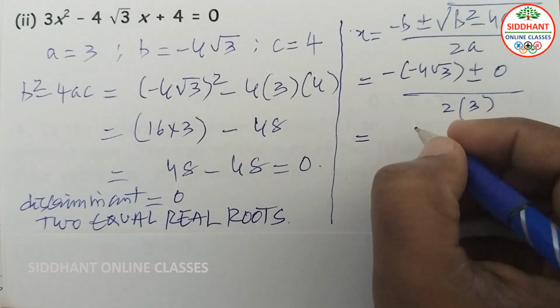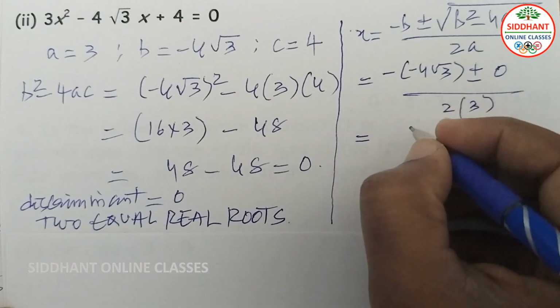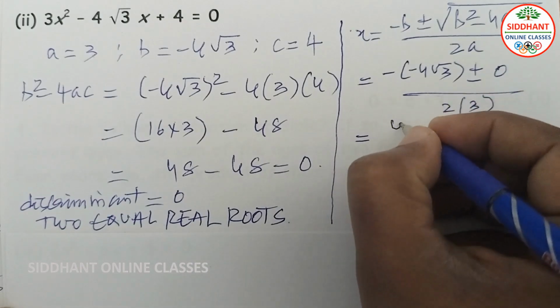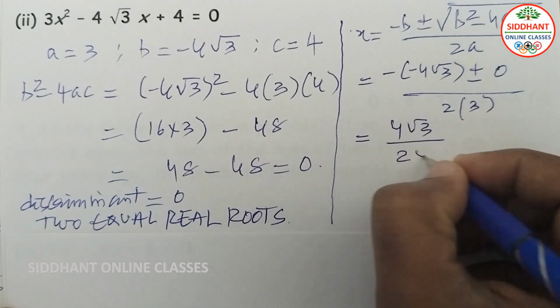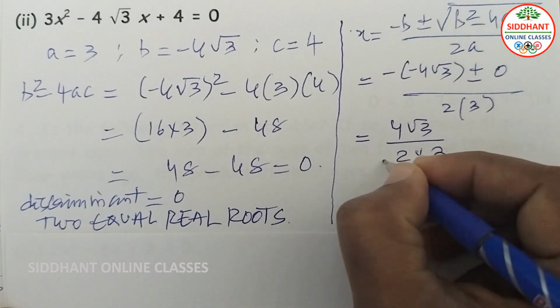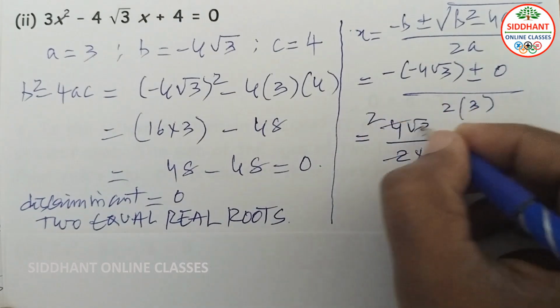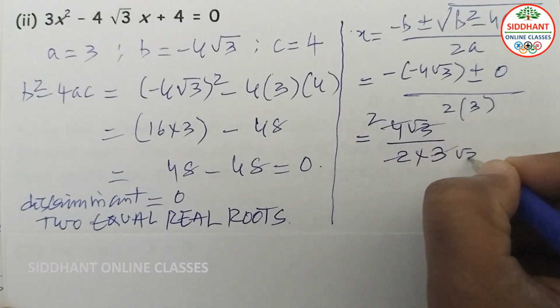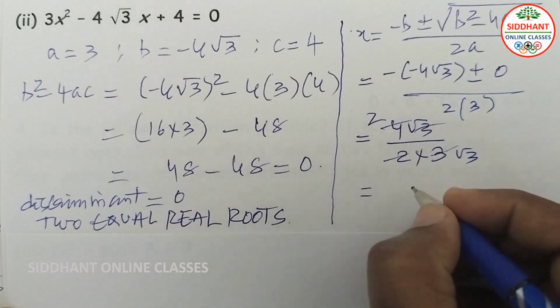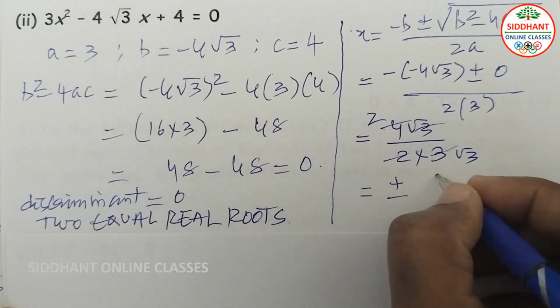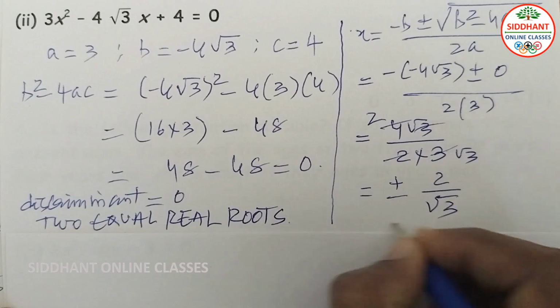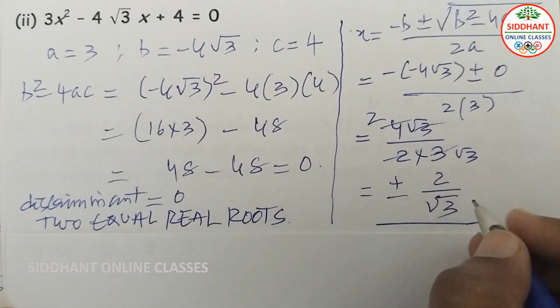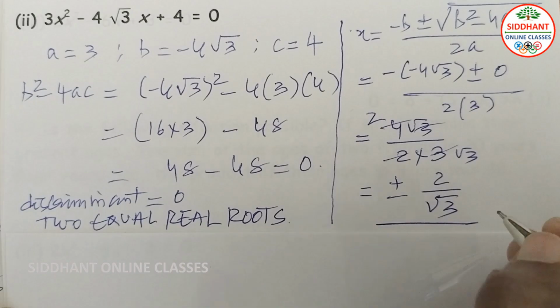So that will be 4√3 by 2 × 3. So here 2 cancels, √3 cancels. So we will be getting ±2/√3. So these are the two equal real roots.